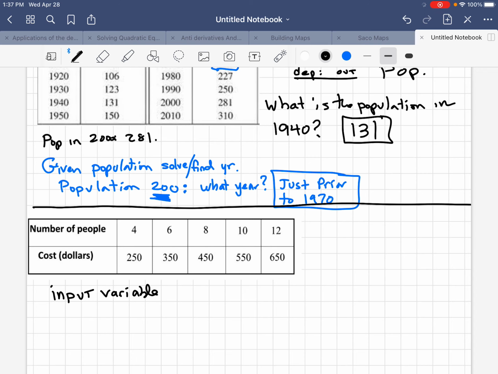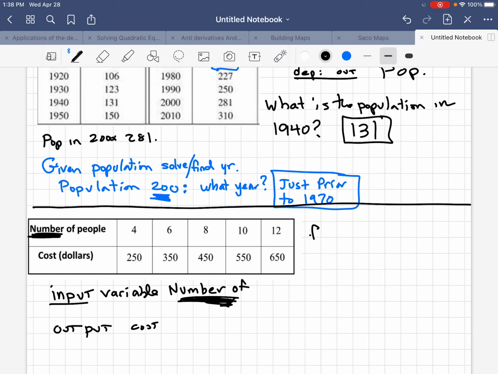Time is a very popular independent variable, and the number of something is also a good input. I'm just going to leave it as number of whatever: people, tomatoes, anything. So the input is the number, and the output is the cost.